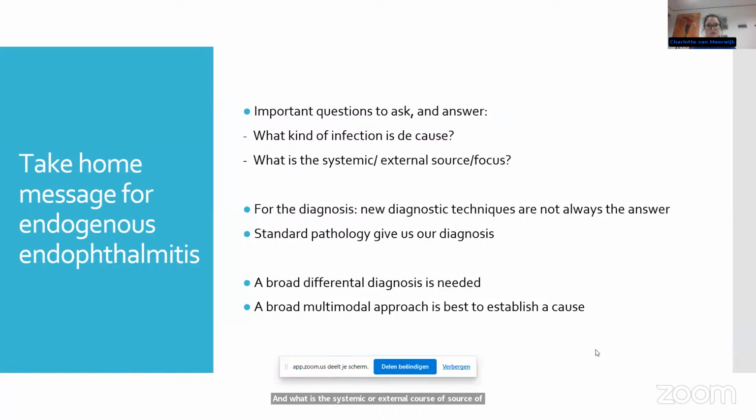For the diagnosis, there are multiple options to use as a diagnostic tool, but most important for our cases was the pathologist, who gave us the answer. A broad differential diagnosis is needed and also necessary, and a broad multimodal approach is best to get the case solved. So thank you very much.